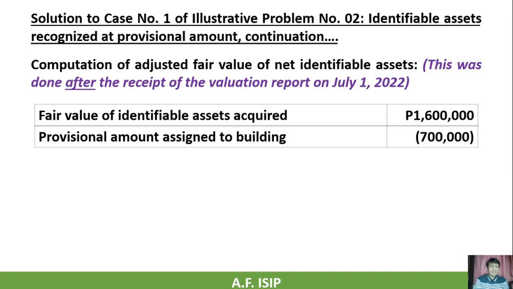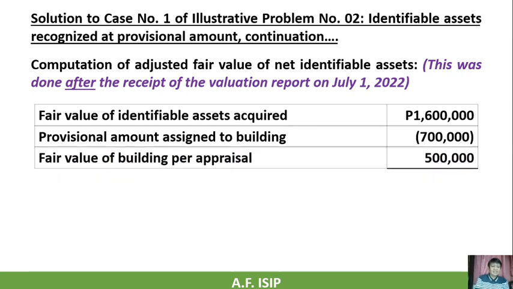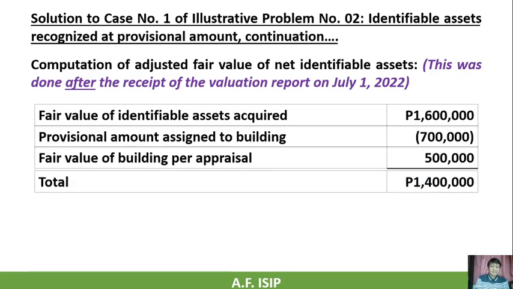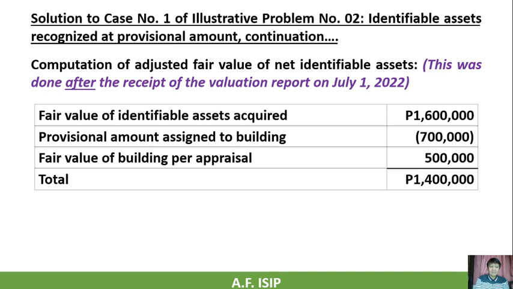That 700,000 is just a provisional amount. That is why we have to deduct 700,000 pesos. And then we will add the correct amount of the building. That is the fair value of the building per appraisal, meaning that is the one provided in the valuation report. So 1,600,000 pesos, eliminate the 700,000 and then add the correct amount of 500,000, we will arrive at the total of 1,400,000 pesos.